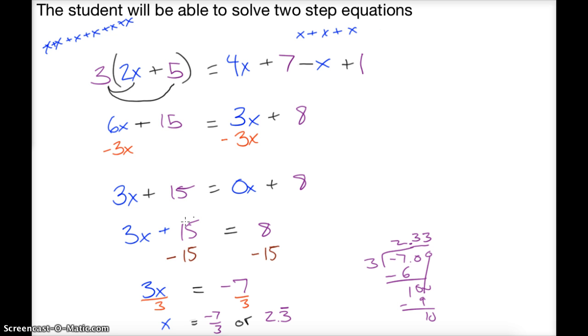If you're going to draw this one, you can just draw it once you get down to the simplified version where it's 3x plus 15 equals 8, where you have 3x, 1, 2, 3, and each one of these is x, plus 15, and then it would just be 1, 2, 3, 4, 5, 6, 7, 8, 9, 10, 11, 12, 13, 14, 15. That is equal to 8. 1, 2, 3, 4, 5, 6, 7, 8.